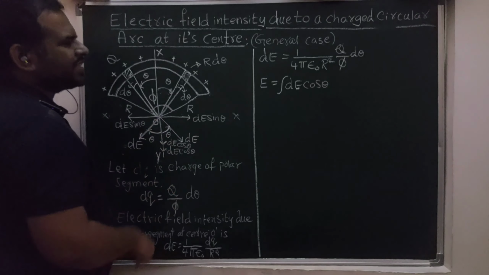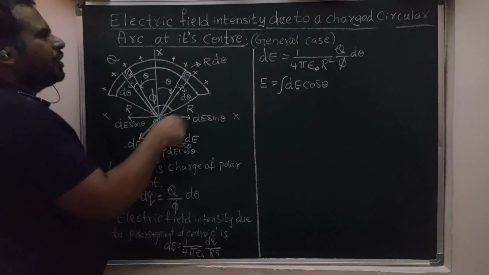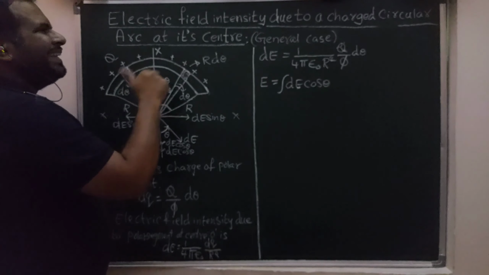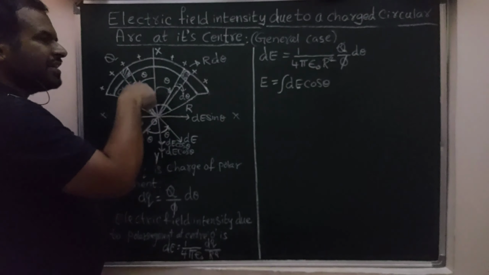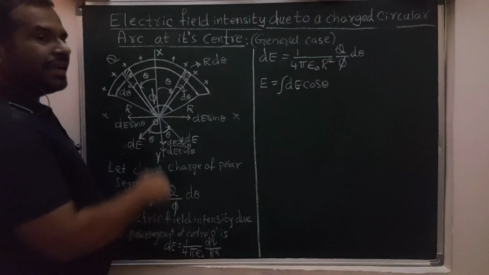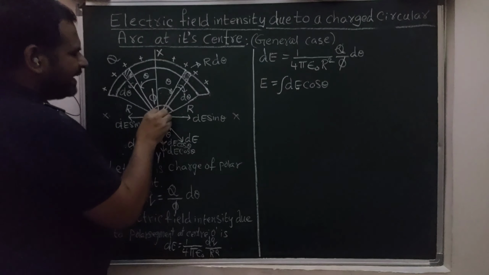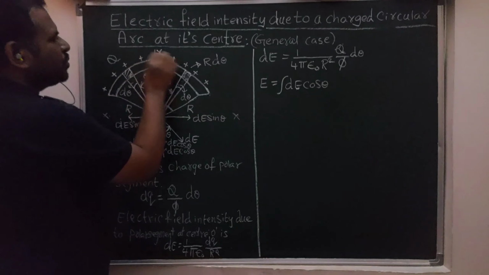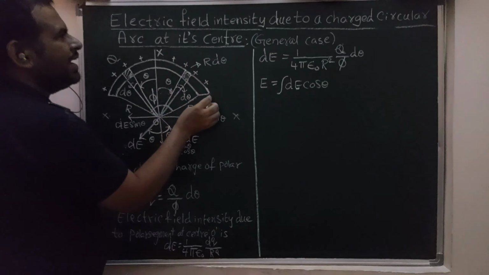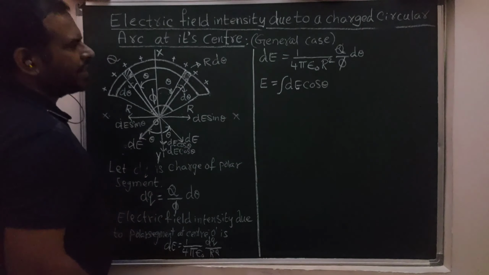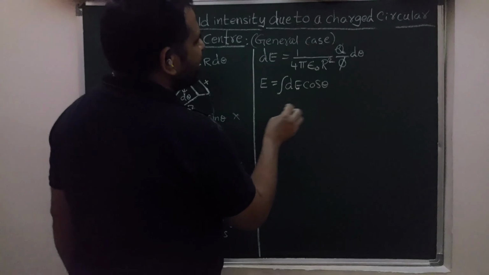Due to every element, the electric field is dE cos theta. Due to all the elements, the dE sin thetas get cancelled and the dE cos thetas are along the angular bisector. So the total net electric field intensity at the center due to this arc is E equal to the integration of dE cos theta.